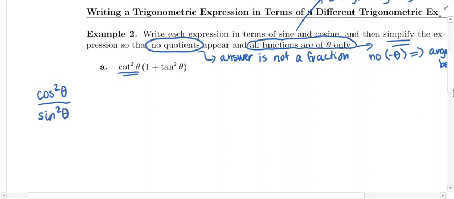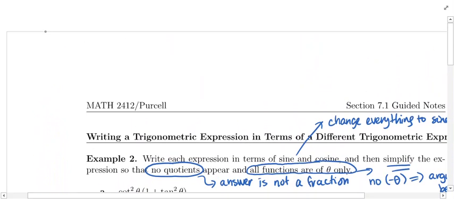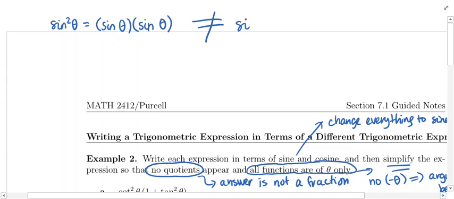Disclaimer here, let me just do this with sine. If you have the sine squared of theta, that is the same thing as the sine of theta times the sine of theta. This is not the same thing as the sine of theta squared. What the sine of theta squared means is the sine of theta times theta.